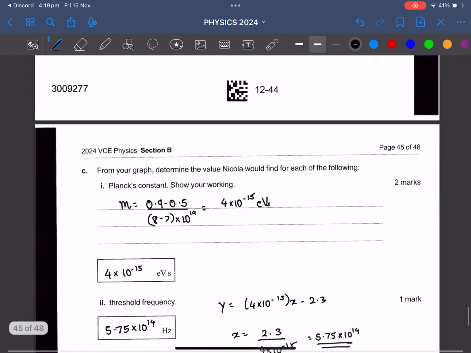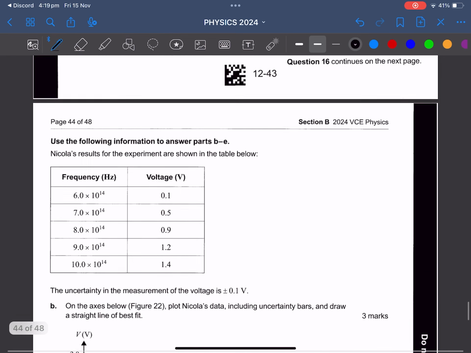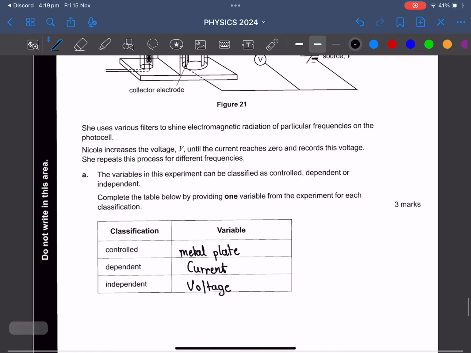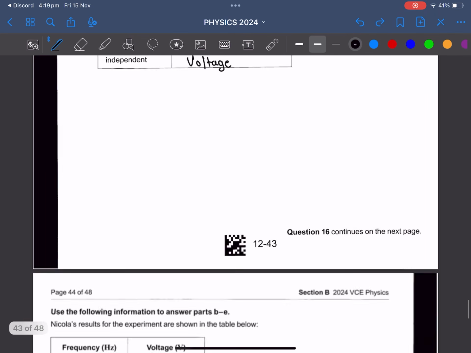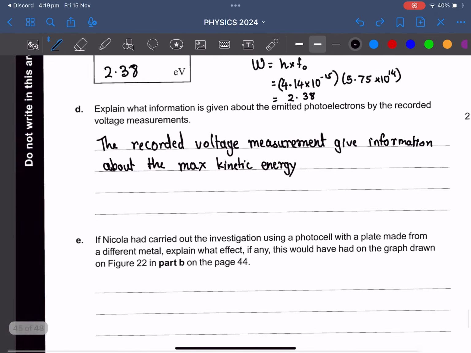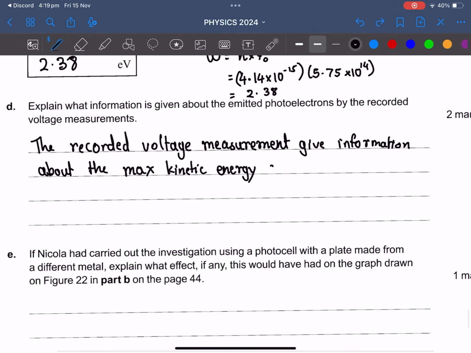When the voltage is increased to the point where current becomes zero, that is a sign that it's a stopping voltage. So that will give us the maximum kinetic energy of the emitted photoelectrons.